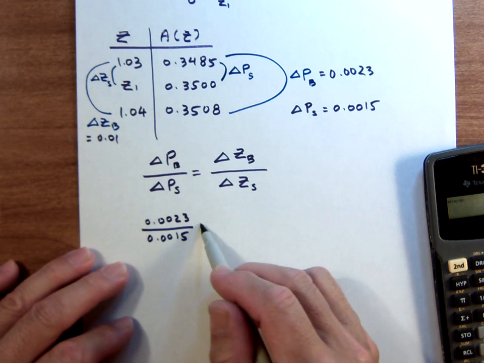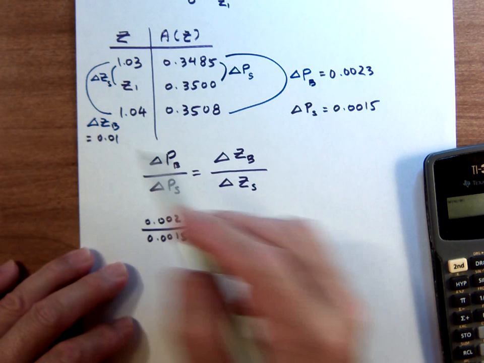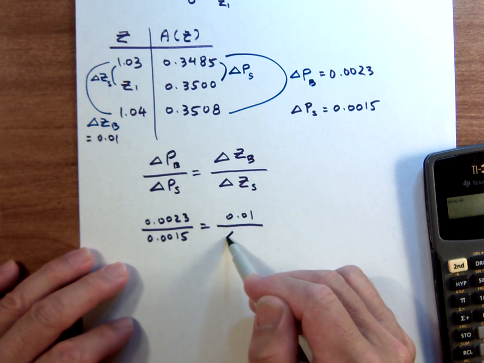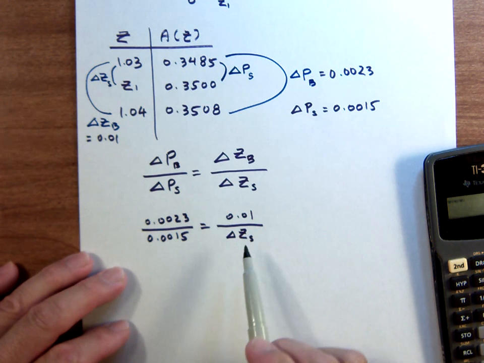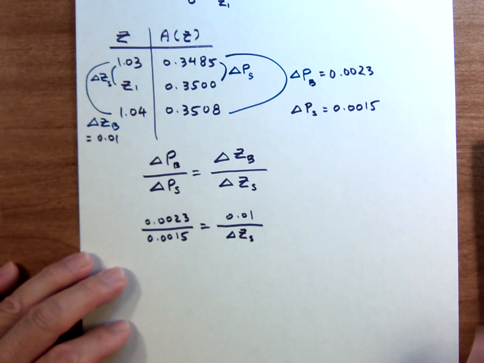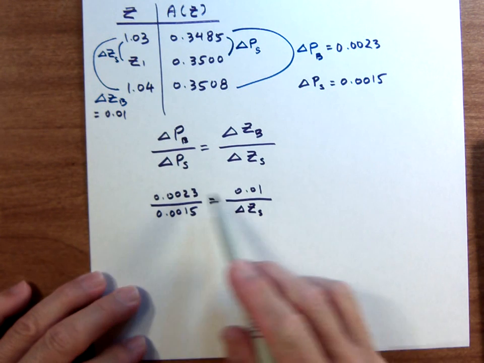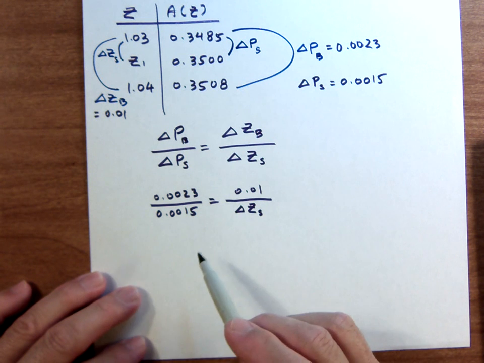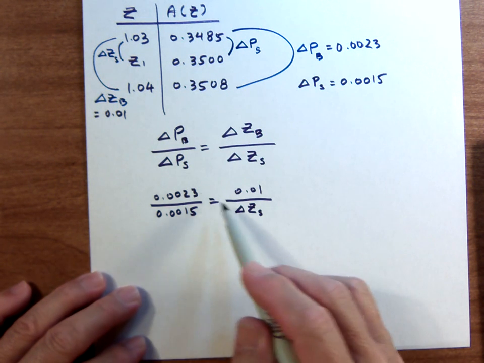That ratio must equal change in ZB, which is a nice simple 0.01, and the only remaining unknown value is this. Again, that's what we're after. Hope you remember from your algebra class that you can always solve an equation where each side is a complete fraction. We can solve this simply by doing what we call cross multiplication.